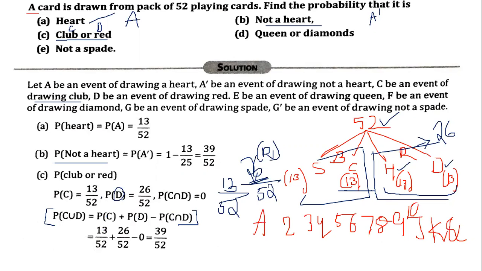The probability of getting a red color card is 26 by 52, and minus 0. Since the denominators are same, just add the numerators. 13 plus 26 is 39 by 52. So the probability of getting a club card or a red card is 39 by 52.